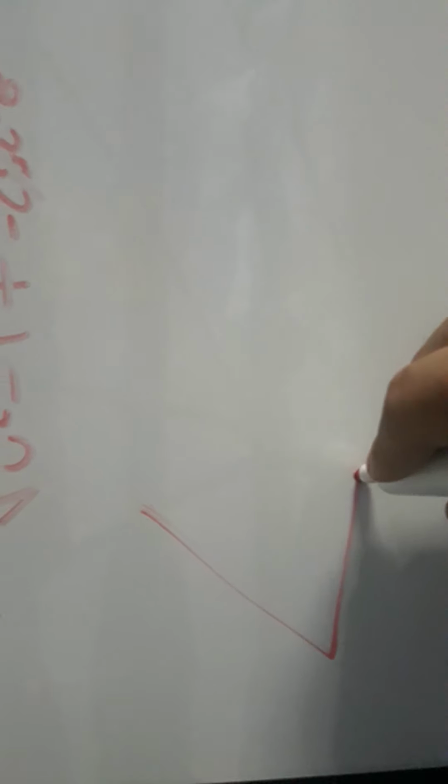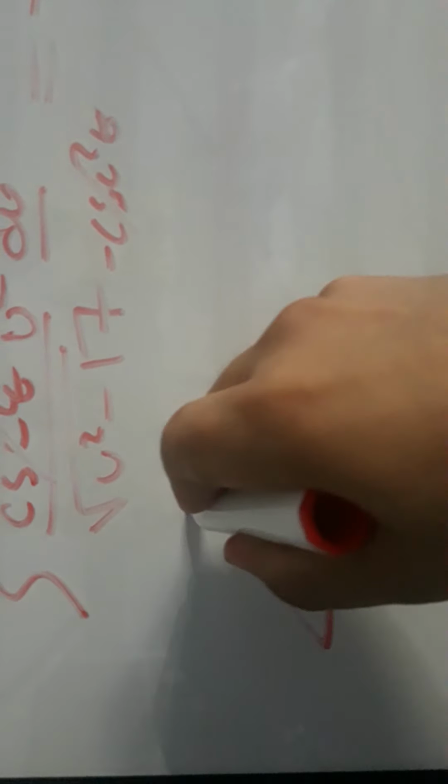Alright, so I like to use a triangle because it makes my life easy, and I don't really have to do too much thinking. That's all I care about here. I know for a fact that this is the hypotenuse, so u. I know for a fact that this looks a lot like an identity that I'm aware of, which is secant.